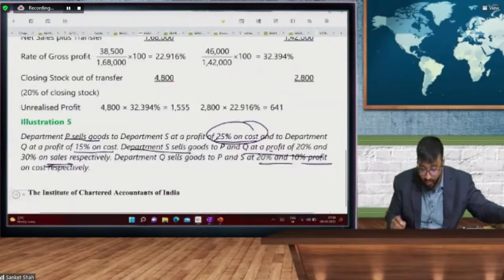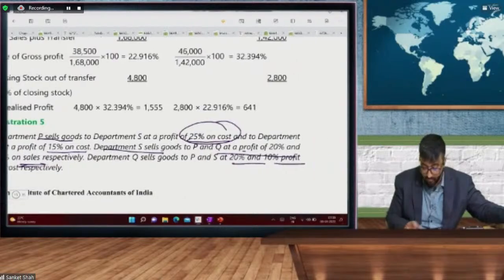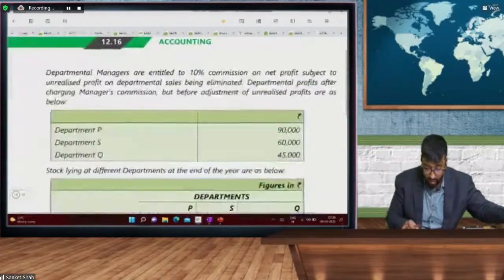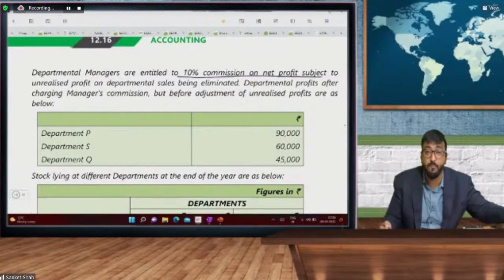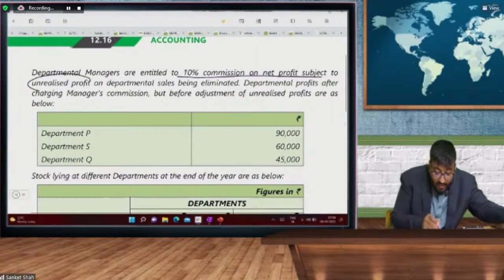Now loading is in closing stock of the receiving department. So department managers are entitled to 10% commission on net profit subject to unrealized profit.